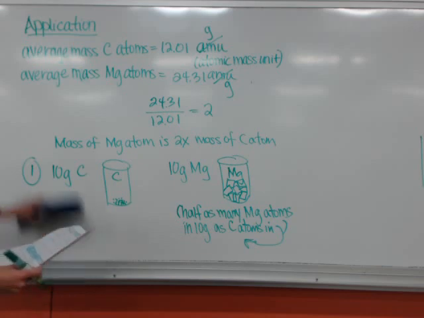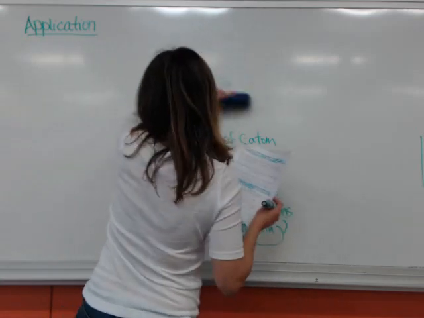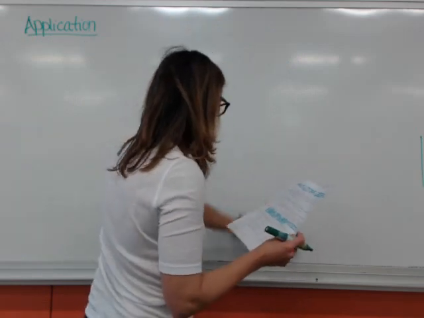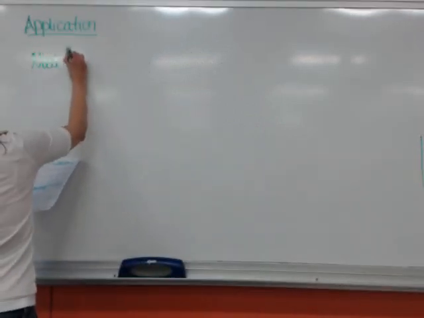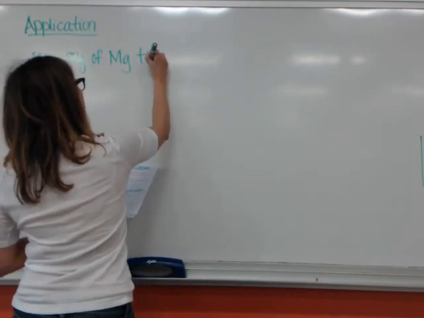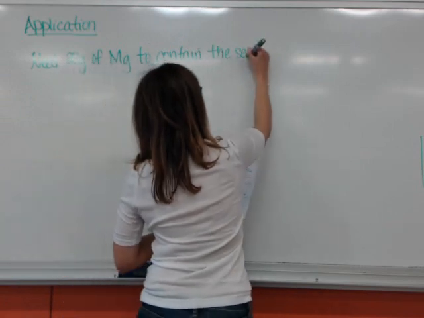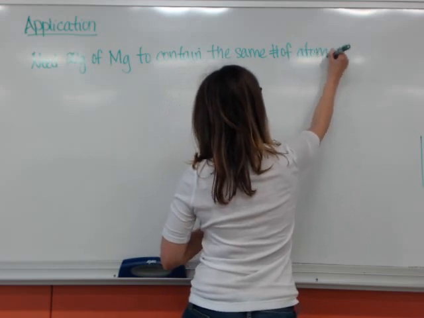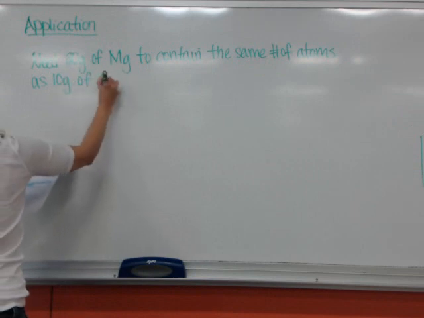Well, you need 20 grams of magnesium to contain the same number of atoms as 10 grams of carbon.